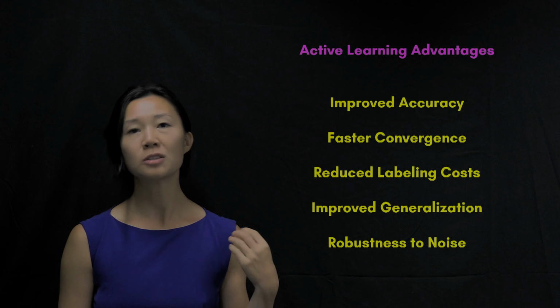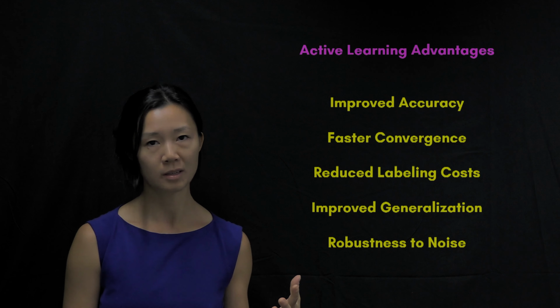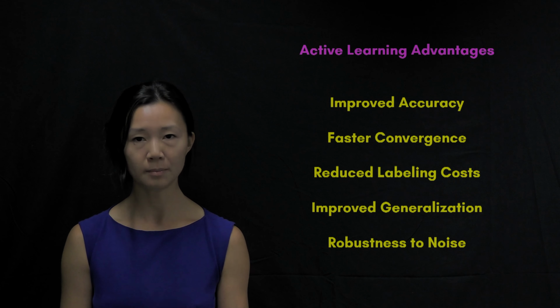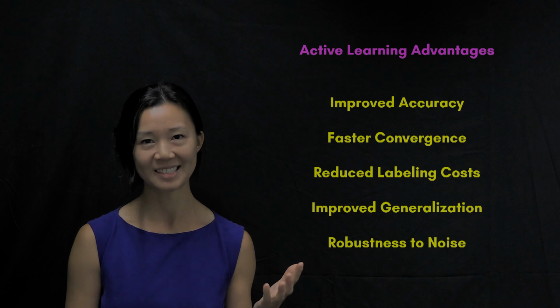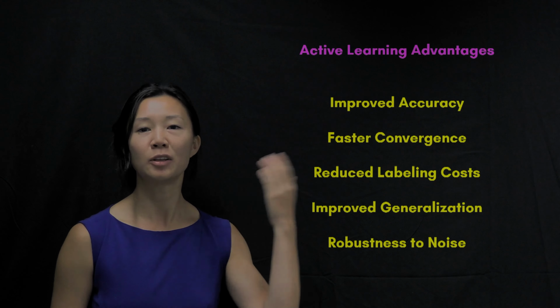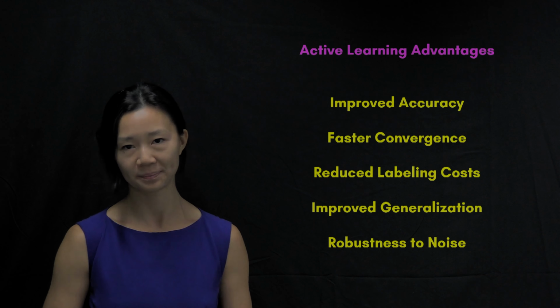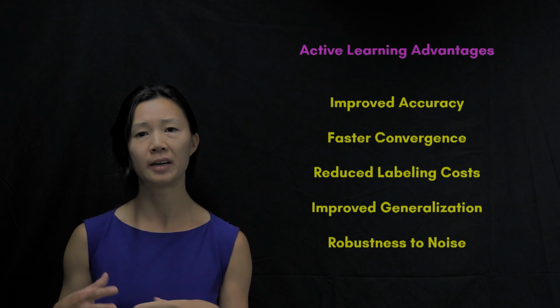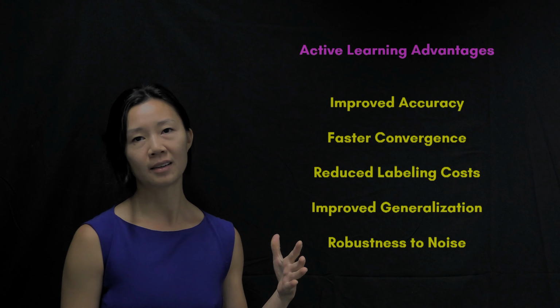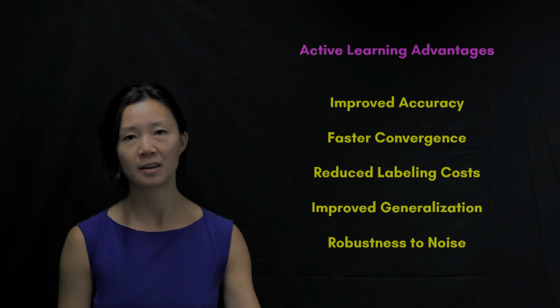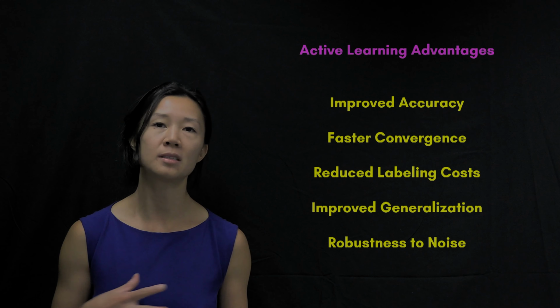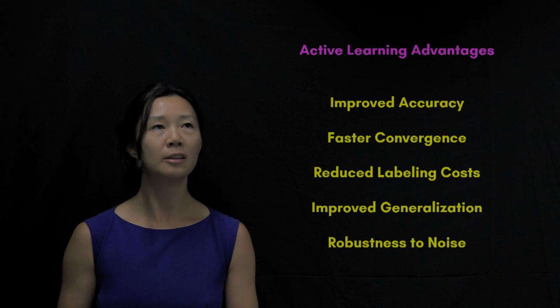That means that you're getting to a good solution sooner with fewer samples. A consequence of using fewer samples is that you reduce your labeling costs because you have fewer samples to label.